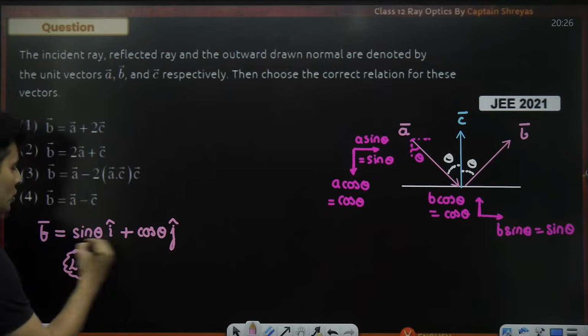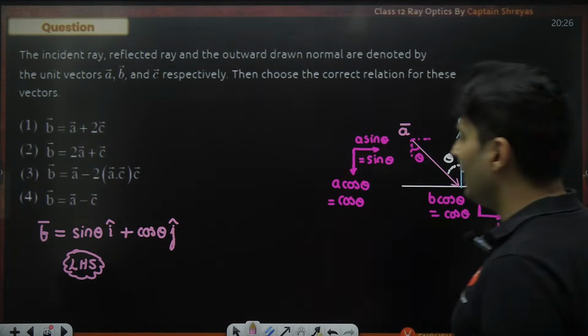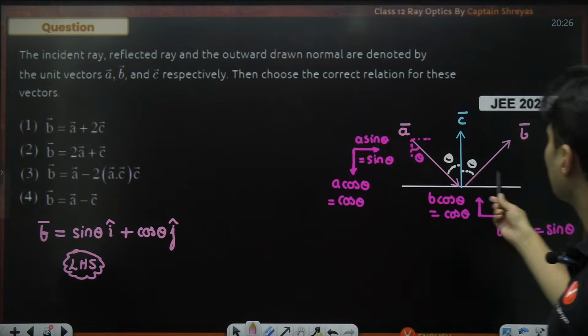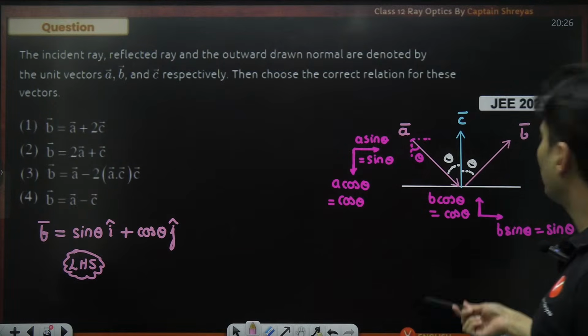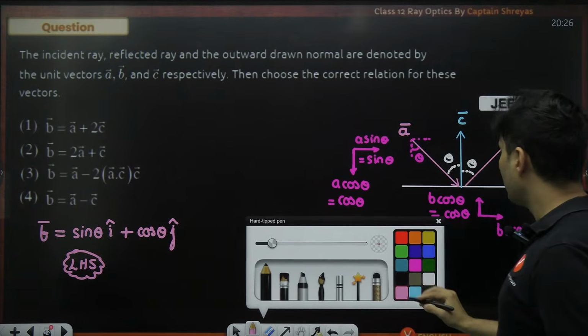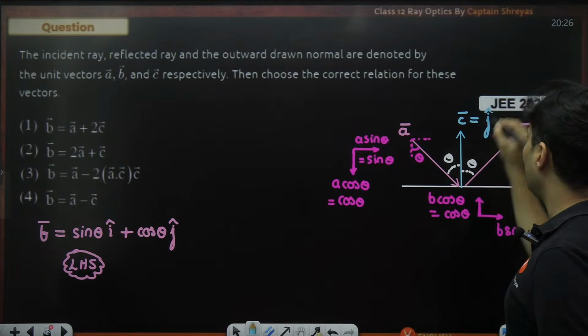Somehow my right hand side should be equal to this. Now, will option A give me that? Just think about it, because vector A is something sin theta, cos theta. There is some j cap over there with C. I don't think so, because observe carefully, this C vector will be just purely j cap.